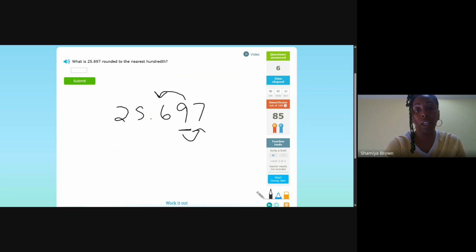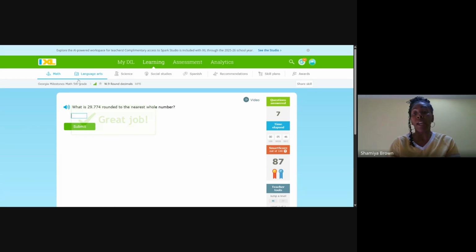So my 6 is going to go up to a 7. Everything else before it is still going to be there. So I'm going to have 25 and 7 tenths as my answer, because this would turn to a 0. Everything after it would turn to a 0. And that is it for that skill for rounding. I think that should be pretty simple.